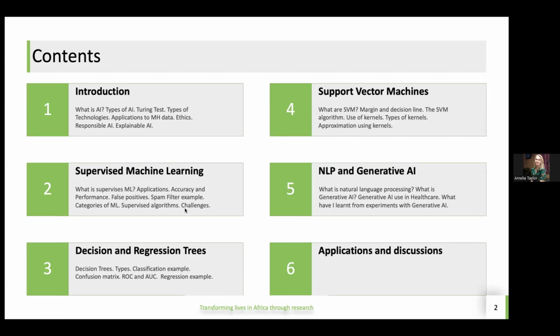Then we looked at how to build, because there are many different types of machine learning algorithms. So we looked at two of the most important ones, I would say, and those are decision and regression trees. And I tried to show you how these decision trees are built. And hopefully through the examples that we did in the sessions, these decision trees now make sense.